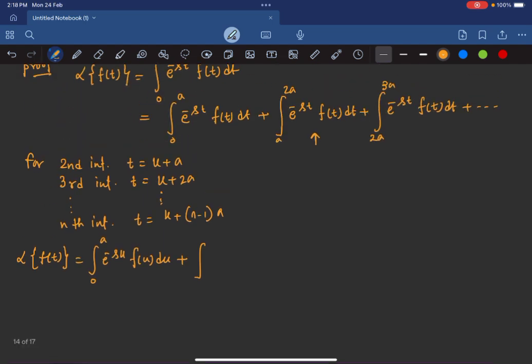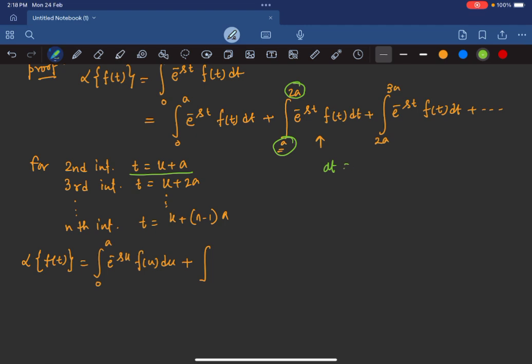For the second integral, what you have is this one with the limit a to 2a. Now you are changing t to u plus a. Immediately dt will be du.